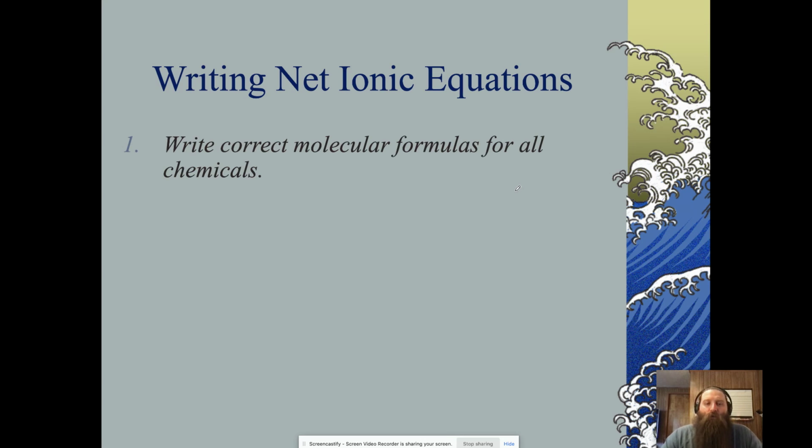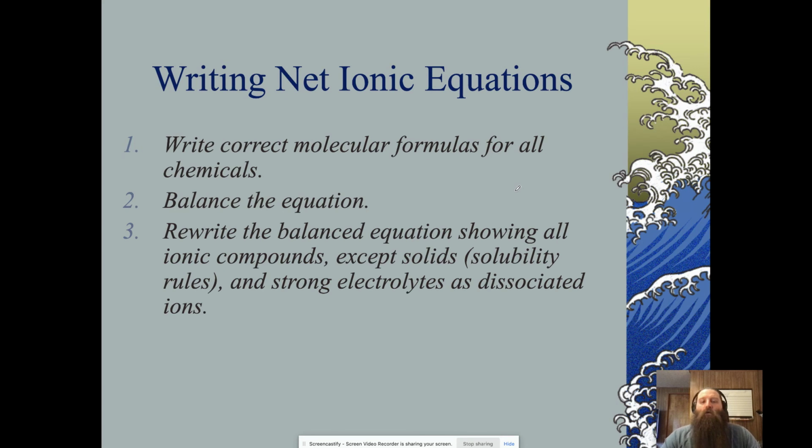So we need to write a molecular formula for all the chemicals in our equation. We need to balance the equation. And then we're going to rewrite that balanced equation with all the ionic compounds that have changed. We're going to leave out solids, and we're going to include our strong electrolytes in their dissociated form.